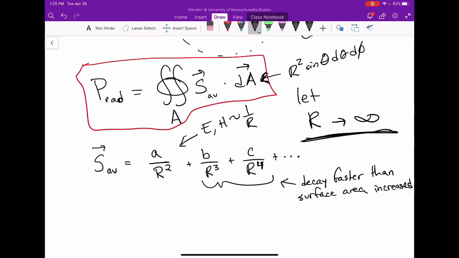So if you take a over r squared, where a is just some constant I made up, and you multiply that by r squared, you get a constant value of a. But if you multiply a constant b divided by r cubed times r squared, you get b over r, and then if you let r go to infinity, these terms go to 0.